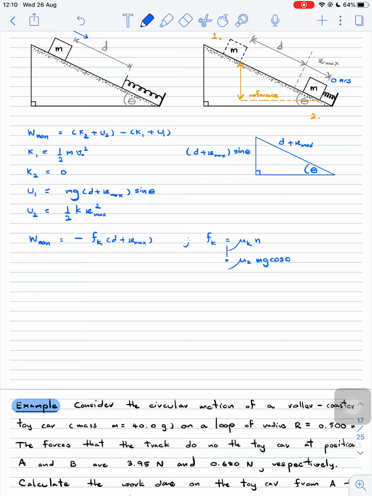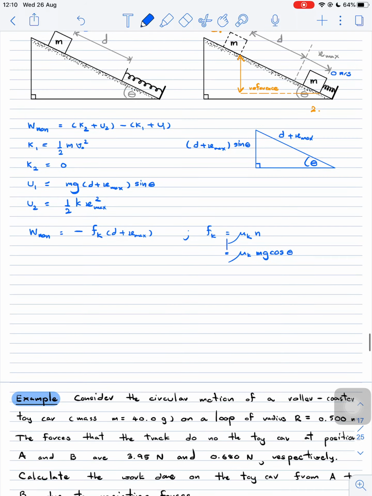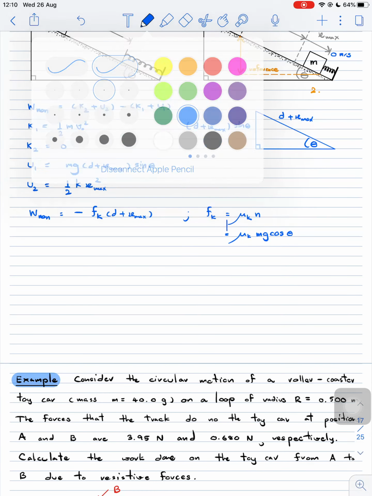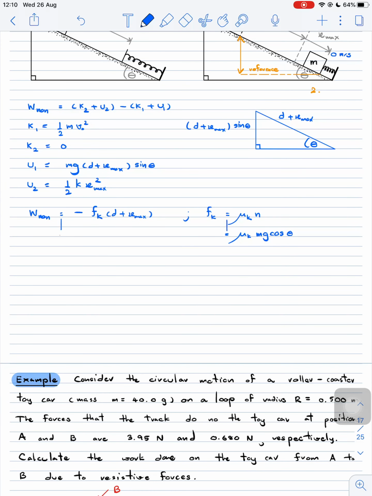If you don't remember, just revise the chapter on forces and Newton's laws of motion. So we have Fk equal to this, and the work done by the non-conservative force equals minus mu k times mg cosine theta times D plus the maximum compression of the spring.